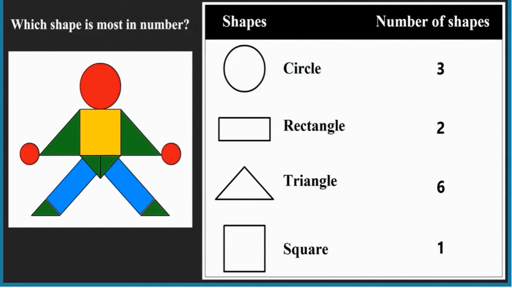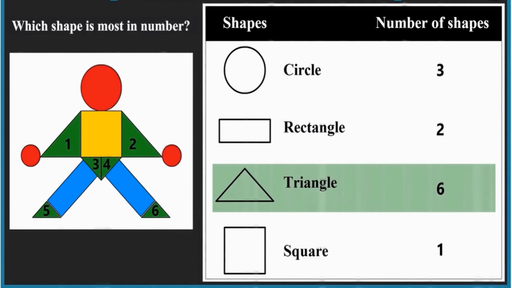Now tell me which shape is most in number? There are 1, 2, 3, 4, 5, 6 triangles over here. So this means triangles are most.